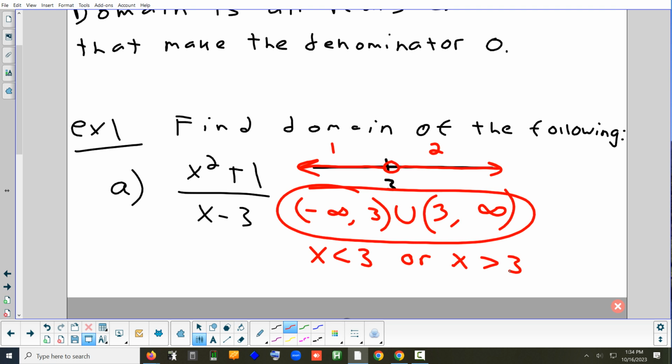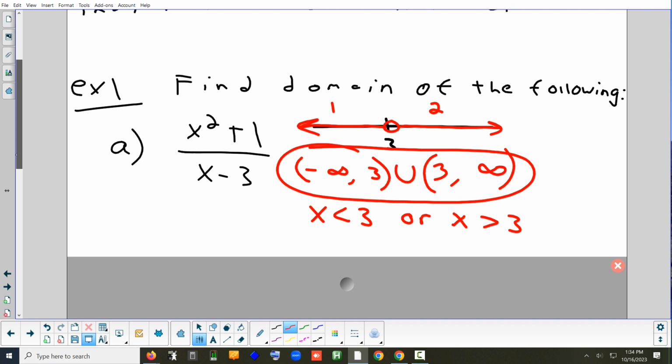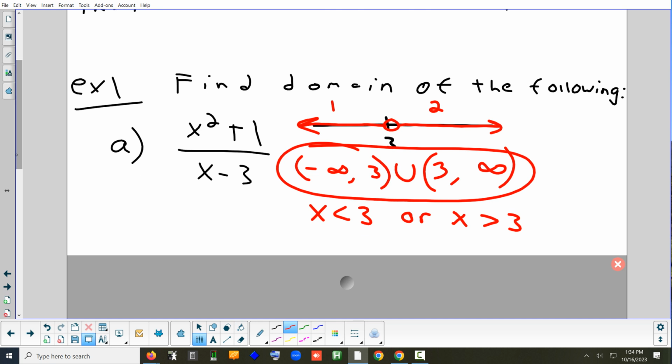It depends if they ask you to graph it, write it as an interval, or write it as an inequality. There are 3 different ways you can write the answer. Now, quick question. Can you write it also like all real numbers and then off to the side, x cannot equal 3?